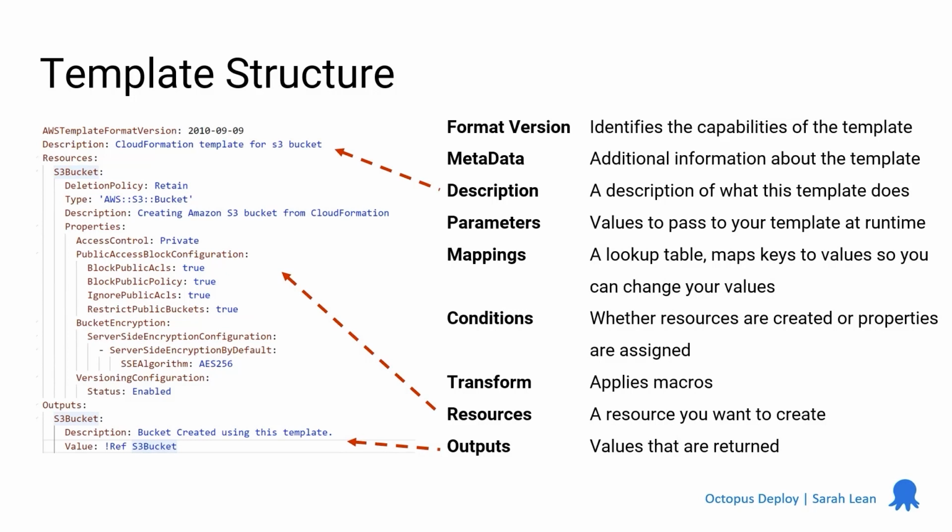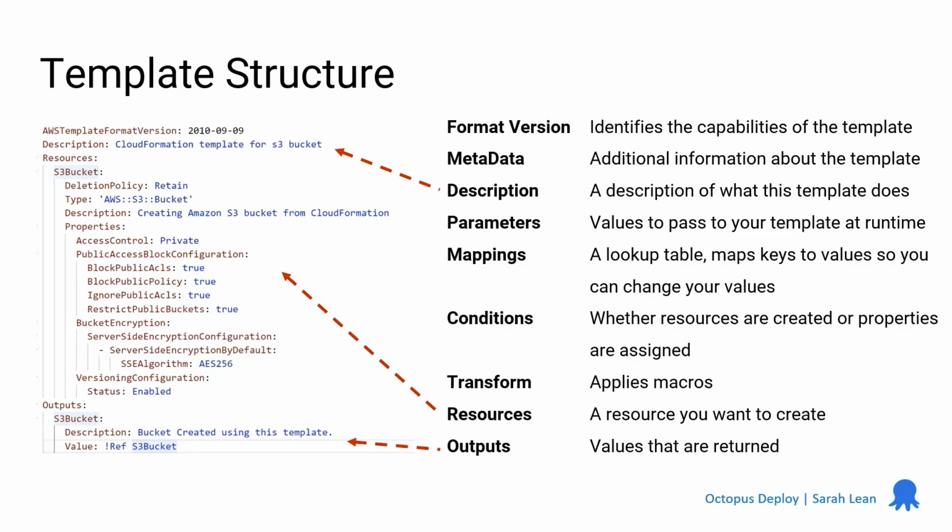Now this defines the capabilities that your template will have. Now, believe it or not, the current version of the AWS CloudFormation format version is 2010-09-09. So you'll see all of the templates out there, hopefully, with that format version. That's the only valid version that you can use, and that's the most recent version that's available to you.